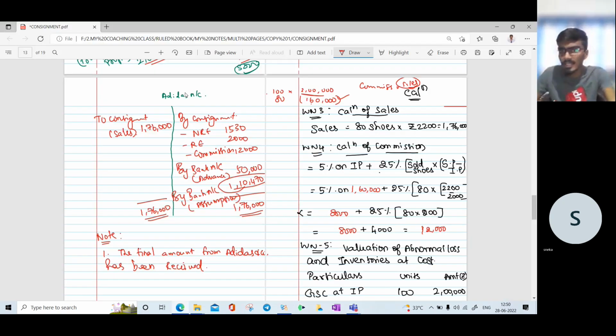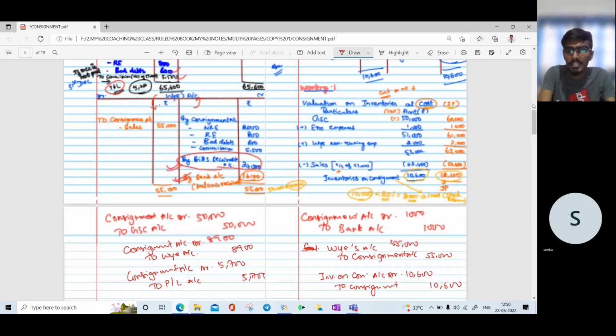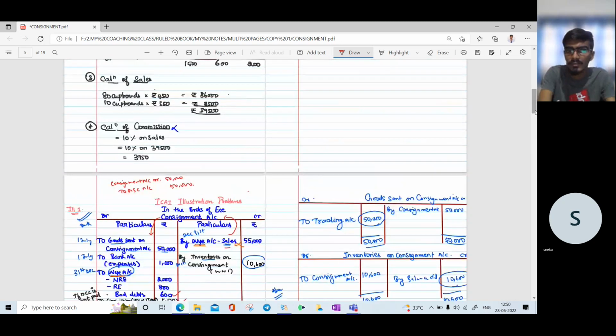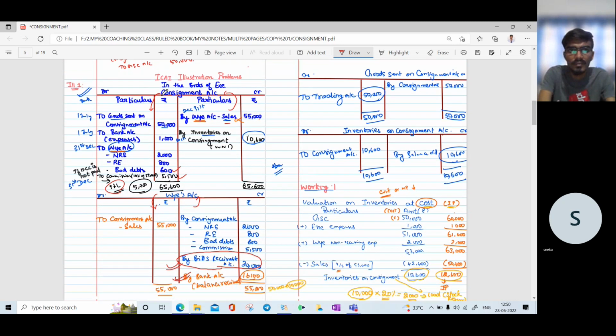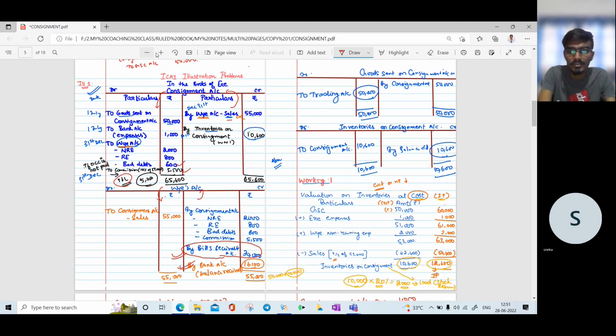Just go through the sums properly. If you need to take a screenshot, it is visible on the screen. You can easily take a screenshot. Everyone who is watching the recording, also pause the video and take a screenshot.